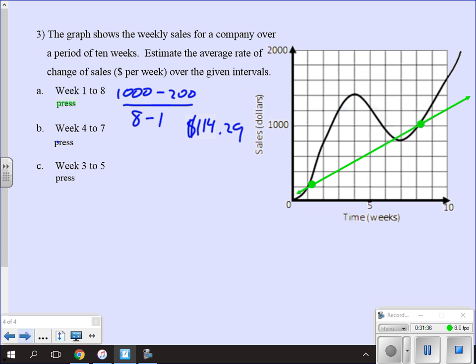Week 4 to week 7. Same idea. So from week 4 to week 7, at week 7, I'm at $800.